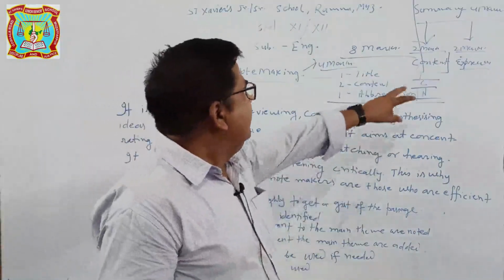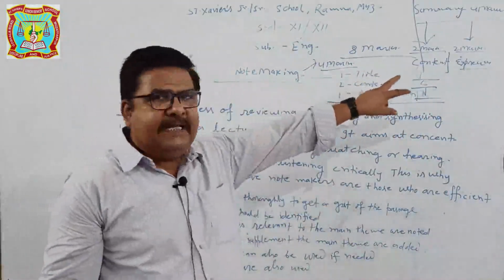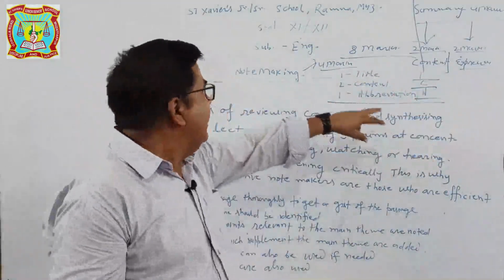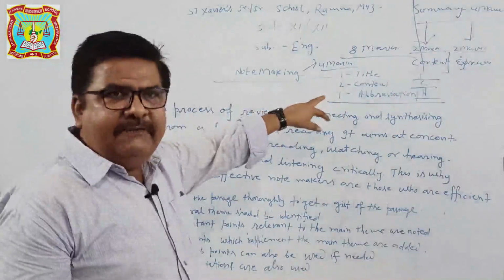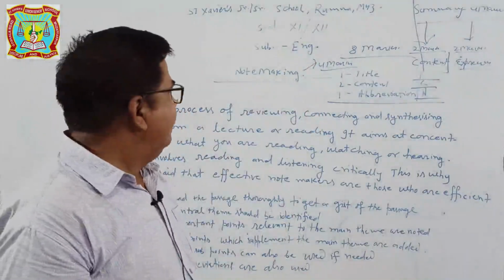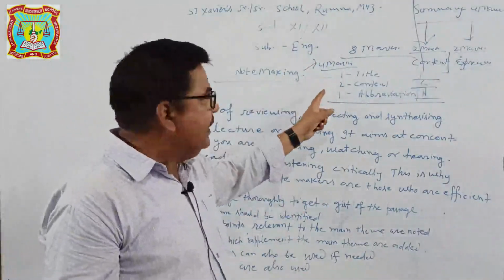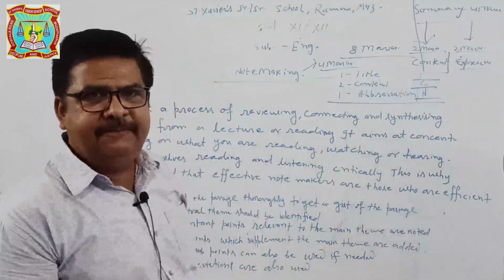So, the 4 marks of summary will also be divided in 2 heads, that is content and expression. The 4 marks of note making will also be divided in 3 parts, 1 for title, 2 for content, and 1 for abbreviation.